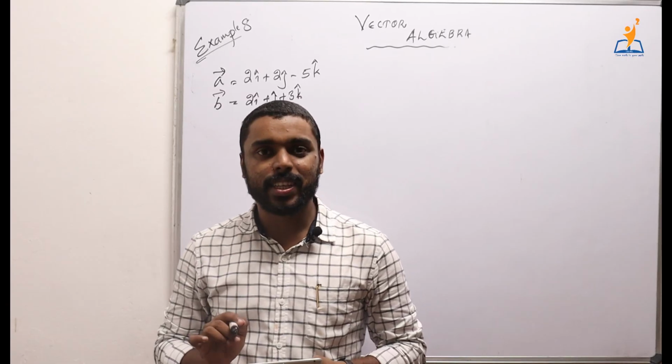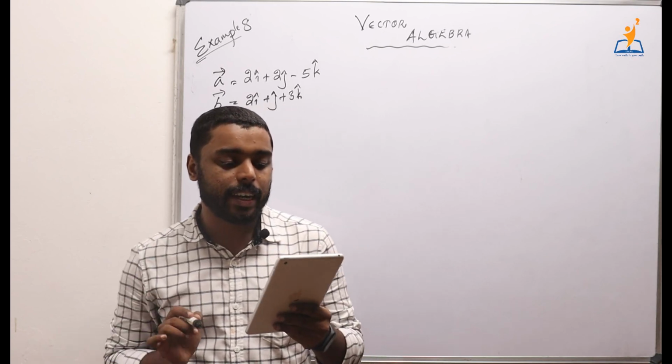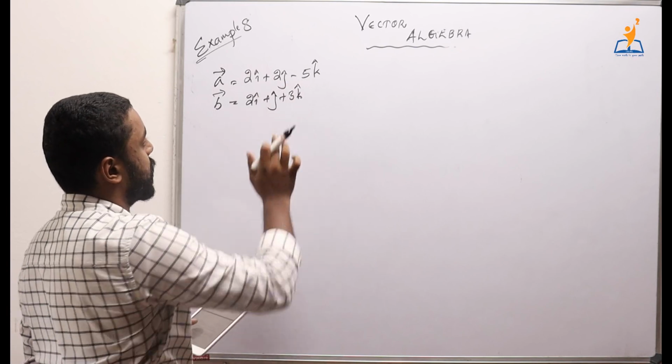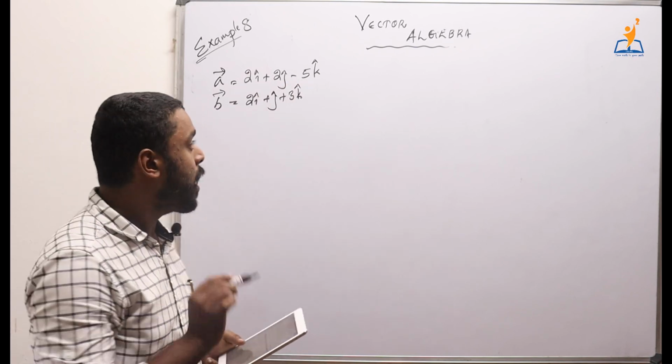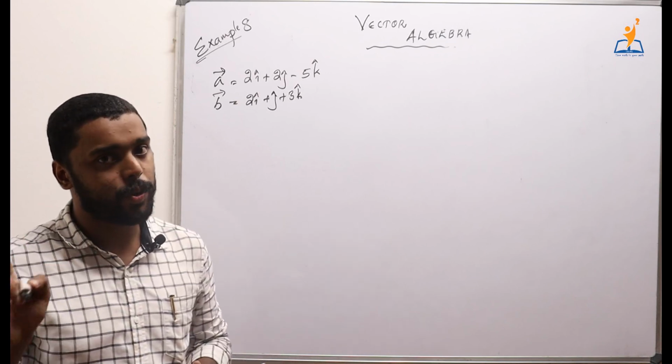The next question is example 8. Find the unit vector in the direction of the sum of the vectors A and B. So we have to find a unit vector in the direction of the sum of the vectors. Always observe the question well: the sum of the vectors.